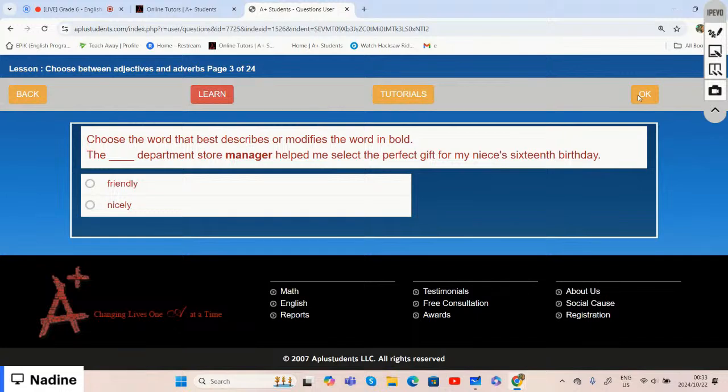Which one is correct? Friendly or nicely? That describes the manager.